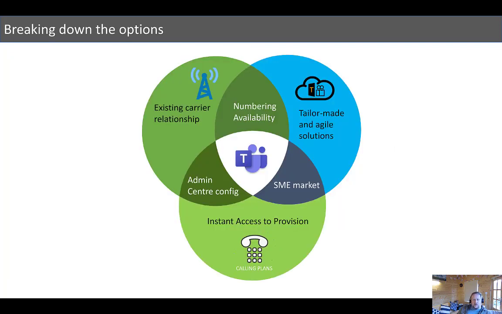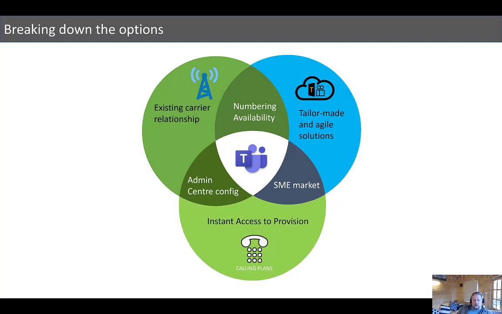So what I want to do is have a look at where these different products sit and where they overlap, because some of these products obviously do have a large area of overlap in terms of both who they cater to and what functionality they deliver.